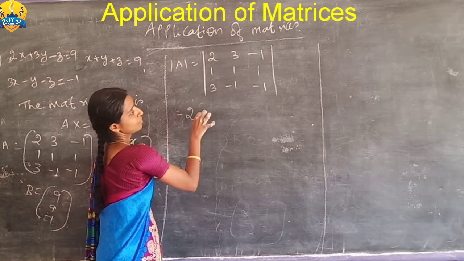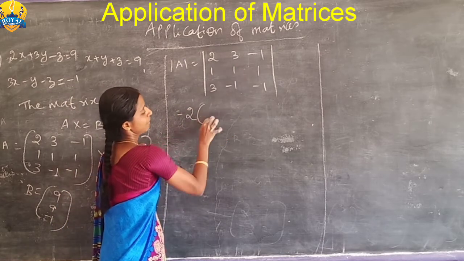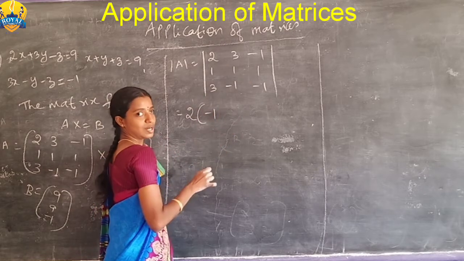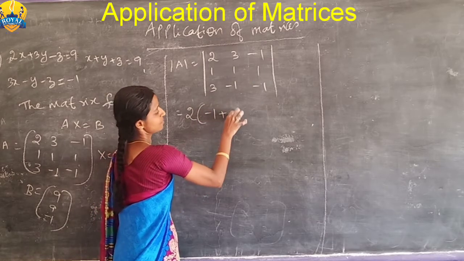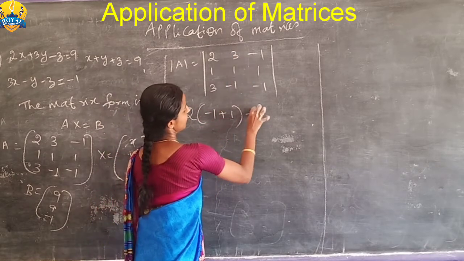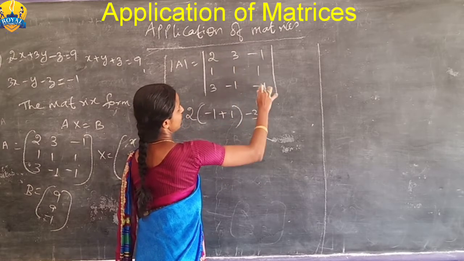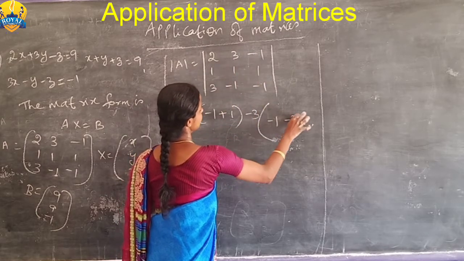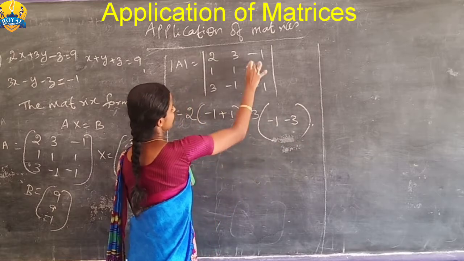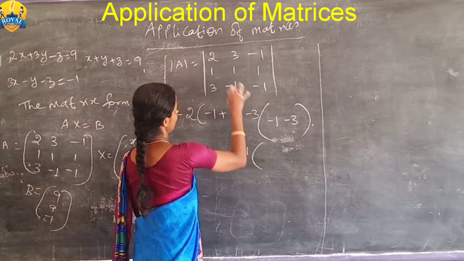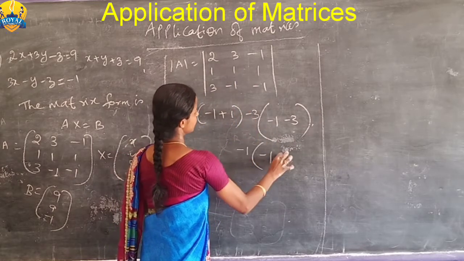So here 2 into minus 1 into minus 1. Minus 1 when you go in the reverse order becomes plus 1. Minus 3 into, deleting this column and the row, I have minus 1 minus 3. Same way here, minus 1 into minus 1 minus 3.